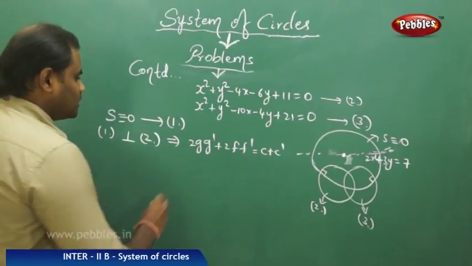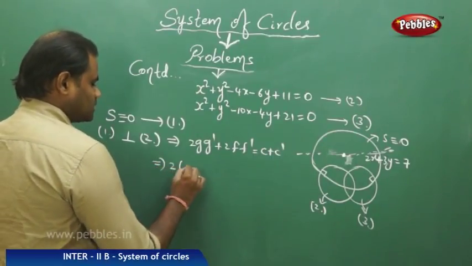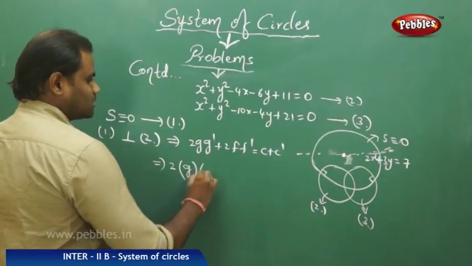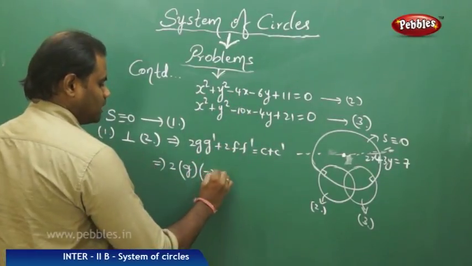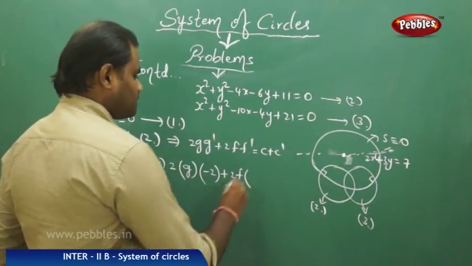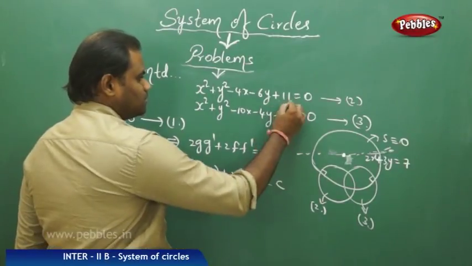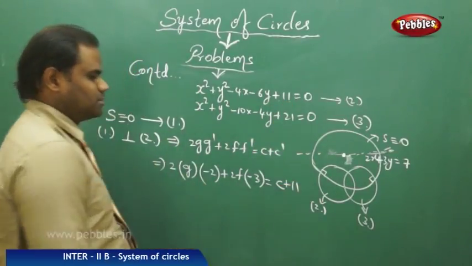So with this condition, I have 2gg dash, that is my g dash is minus 2, plus 2f, f dash from here is minus 3, that is equal to c plus c dash, which is 11.